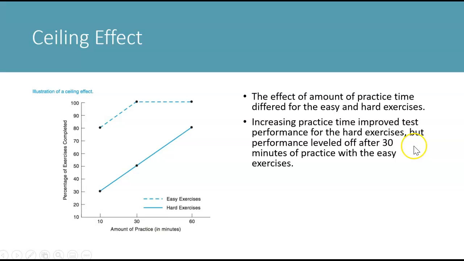So increasing practice time in this particular example improves test performance on the hard exercises, but performance levels off with the easy tasks. So you can't say, for example, that practice time only matters for hard tasks. That would be an inappropriate interpretation.